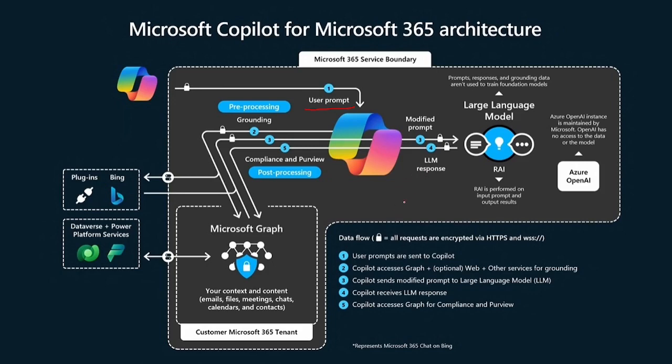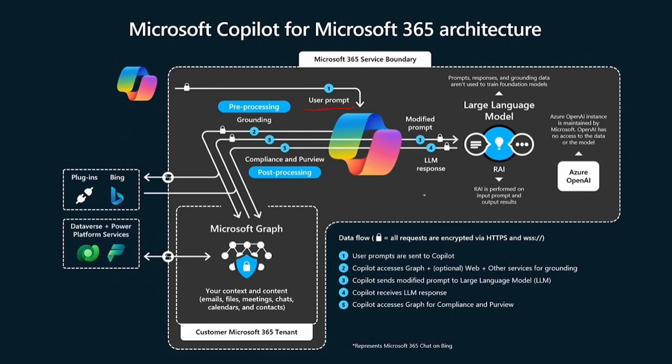And then the third step is Copilot sends the modified prompt to your large language model. This is the same architecture that we saw in the screenshot that I showed you from the research paper of Cornell University. After step 3 is done, Copilot receives the LLM response.